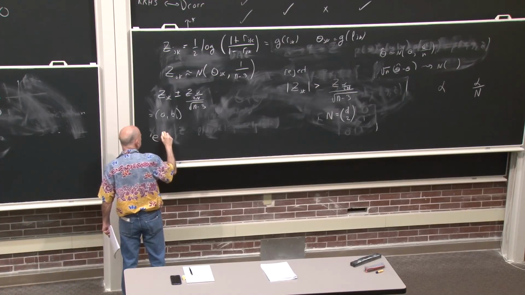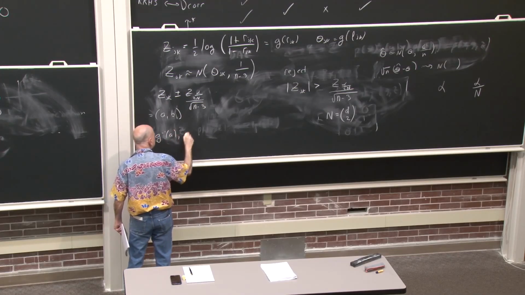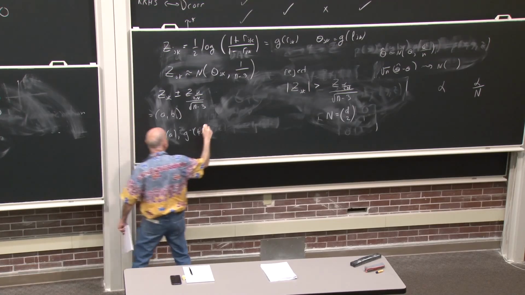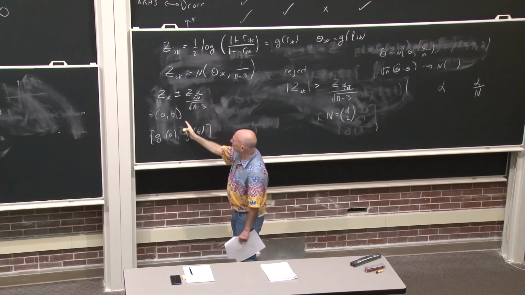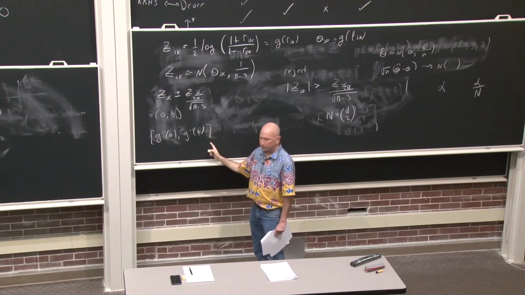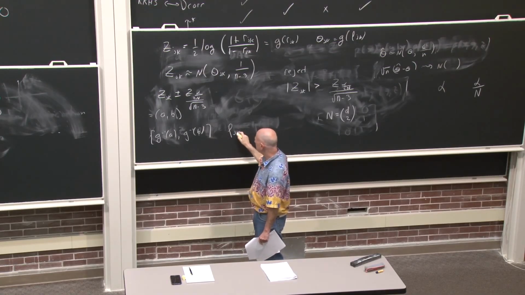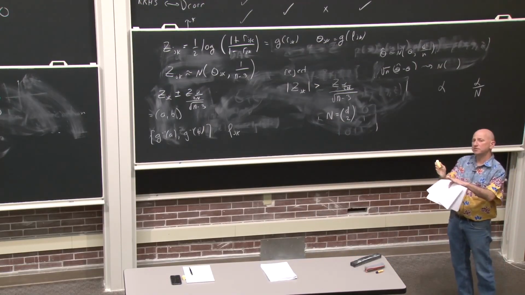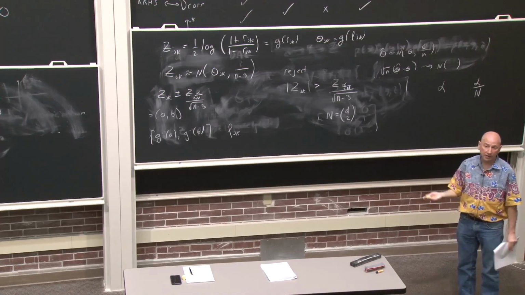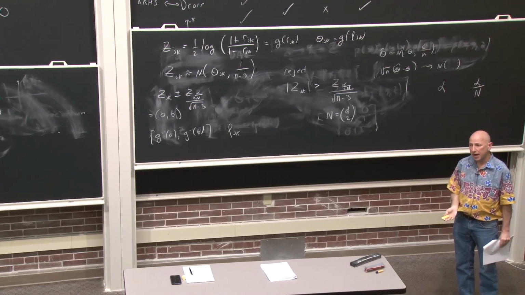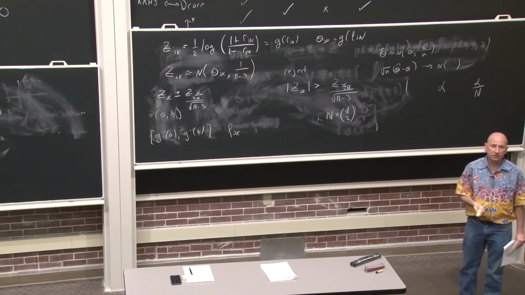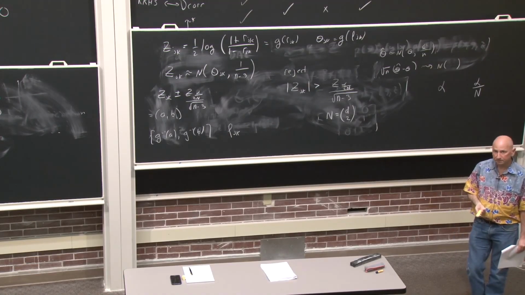But you go G inverse of A and G inverse of B. You just apply the inverse transformation, and now you have a confidence interval for rho. So you construct it on the Fisher transform scale and just transform back. You can do that for every pair if you want. So we have a way of testing whether the correlations are 0, and a way of getting confidence intervals for every correlation. It's all very simple.